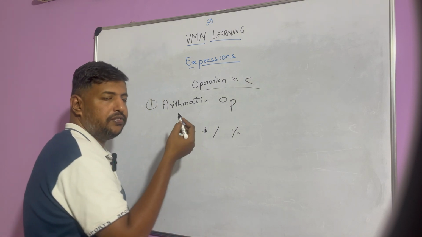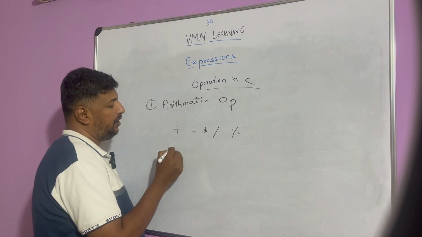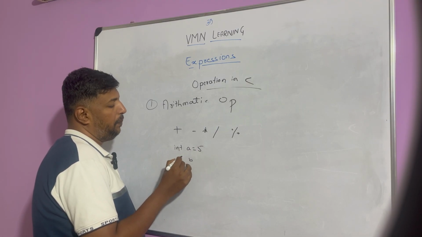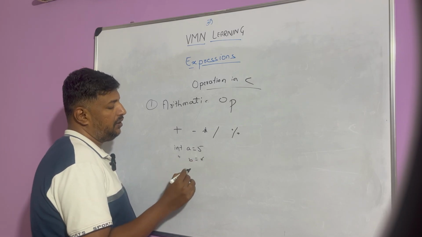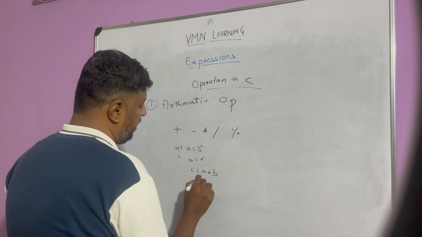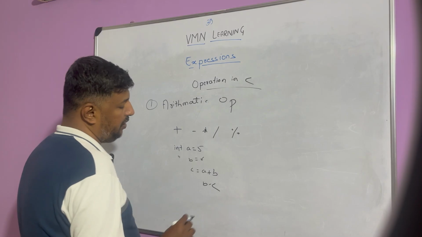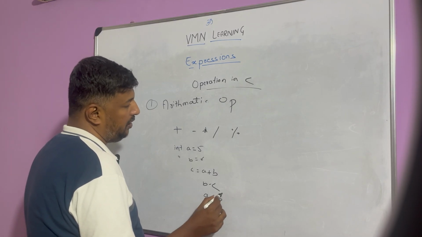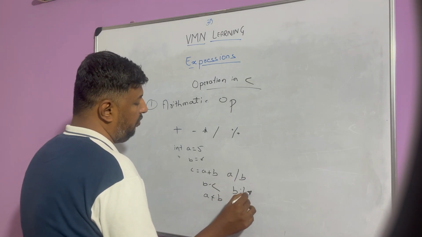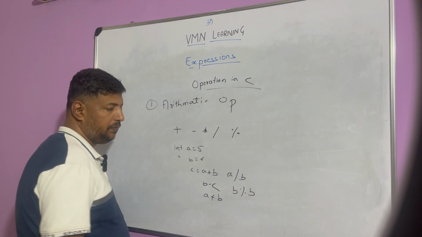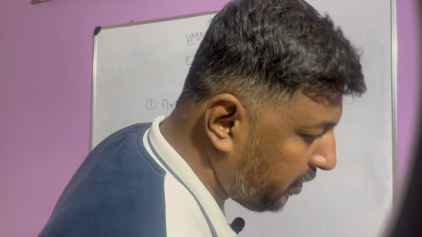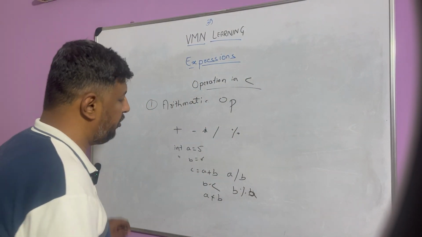As you have already seen in the examples, you can say int a = 5, b = 6, c = a + b. Similarly, you can say b - c, a * b, a / b, a % b. So these are arithmetic operations that you can do in a program.